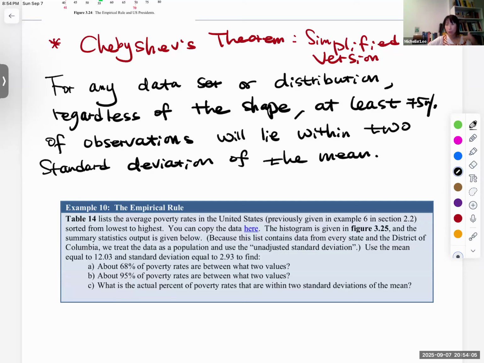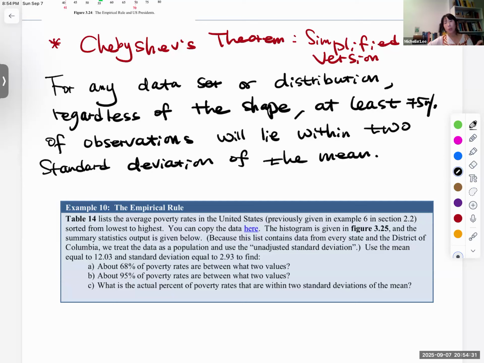It can be uniform, bell shape, skewed right, or skewed left. Let me read: for any data set or distribution, regardless of the shape, at least 75% of observations will lie within two standard deviations of the mean.